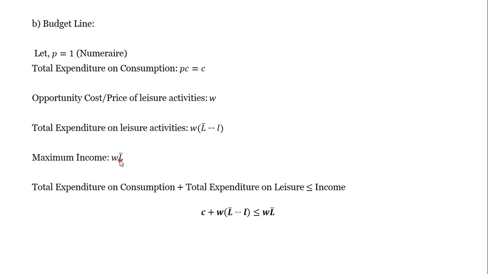But we want to plot the budget line in the CY plane, and there is no Y here. So what we can do is substitute L equal to Y by W, which is given in the question. Since L is equal to Y by W, I substitute this L here.